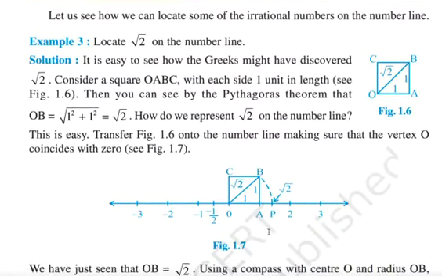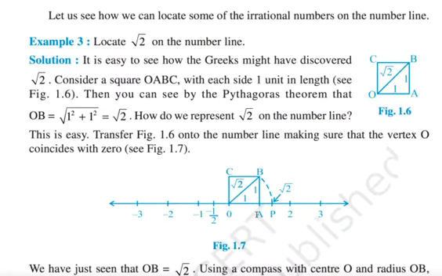Let us see how we can locate some of the irrational numbers on the number line. Locate root 2 on the number line. How to locate? What you have to do is take a square of 1 centimeter side, not size, side, and place it on a number line with one side on the number line itself.